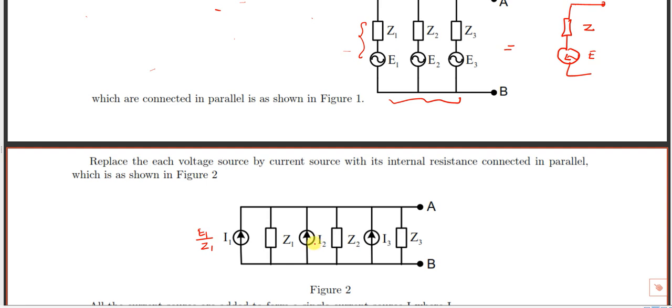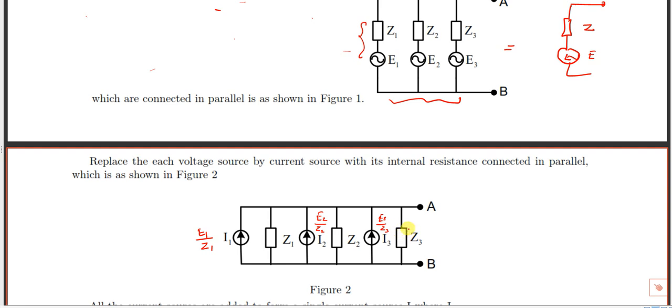Again, divide voltage by impedance: I2 is equal to E2 by Z2, and the same Z2 is connected in parallel. Similarly, the third also you have to consider. If you have n number, you have to convert n times. In general, this is Z3.